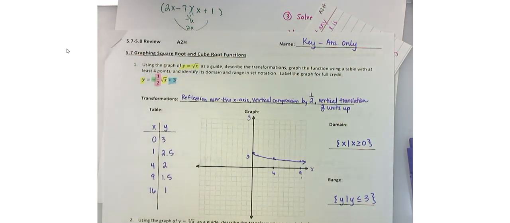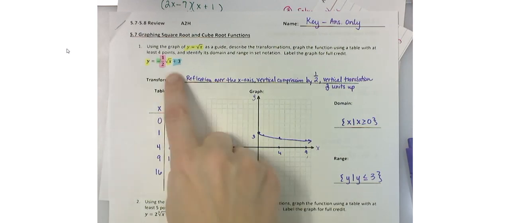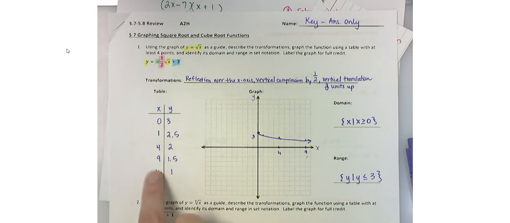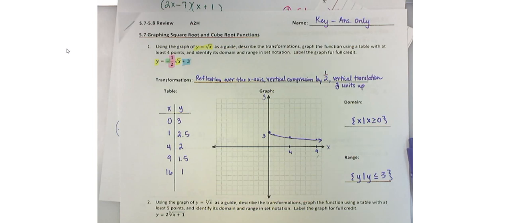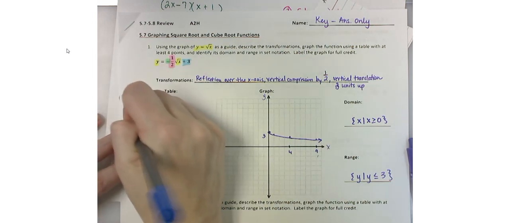All right, so for this, because it was just root x, your x's, you could use 0, 1, 4, 9. Okay, so this is something that you'll do without a calculator, so then you will want to have perfect squares. So if you are looking at the work for this, once you know that your x is 0, if you plug that in, you have negative 1/2 square root of 0 plus 3.